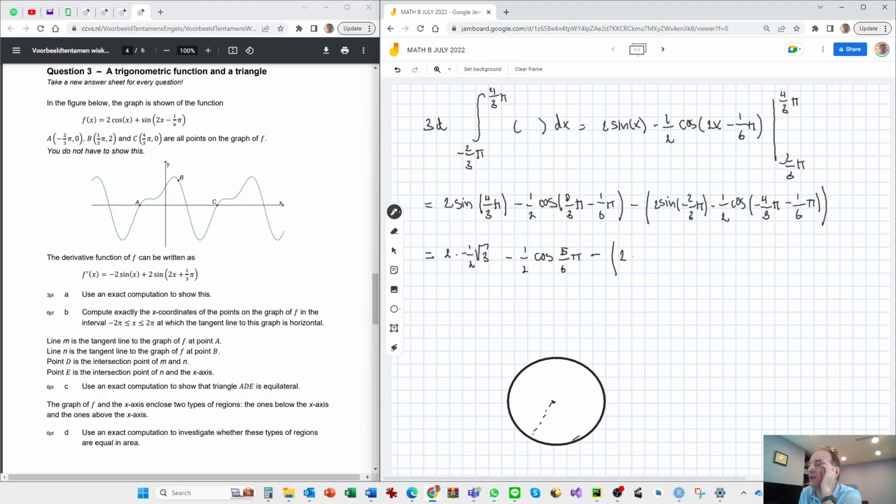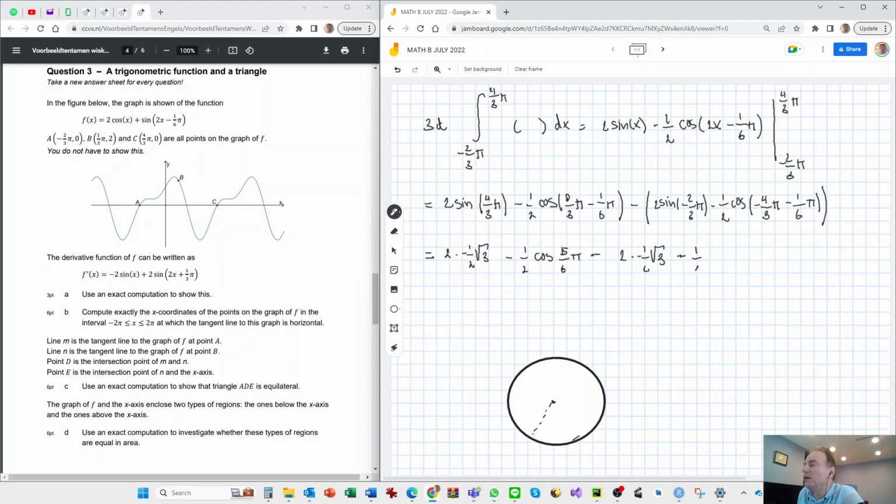Get 2 times minus 1/2 square root of 3, and then get rid of the parentheses here, so minus this, and then these together give a plus sign.